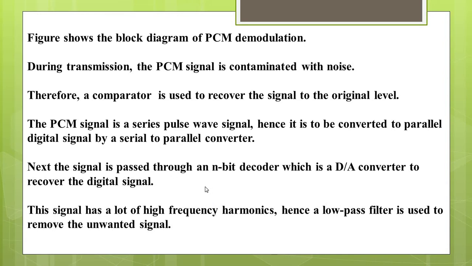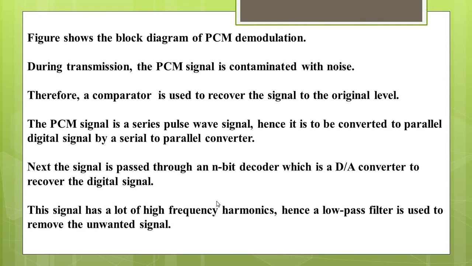At its output, we have the samples in binary form of ones and zeros. Next, this signal is passed through a decoder. The decoder converts the ones and zeros into the corresponding digital form, that is 1, 2, 3, 4 and so on. This signal has a lot of high frequency harmonics.